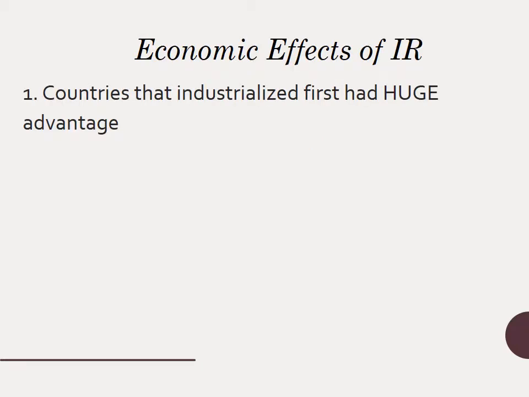Now there are some huge impacts of the Industrial Revolution. The first is that the countries that industrialized first gained huge new advantages over the rest of the world. Industrializing areas quickly became engaged in mass production. And if you're involved in mass production, what do you need? Well, you need raw materials like cotton for textiles, timber for construction.